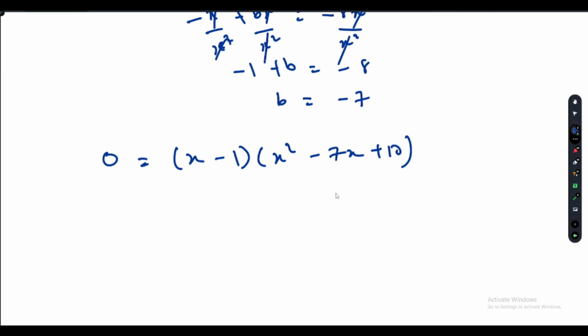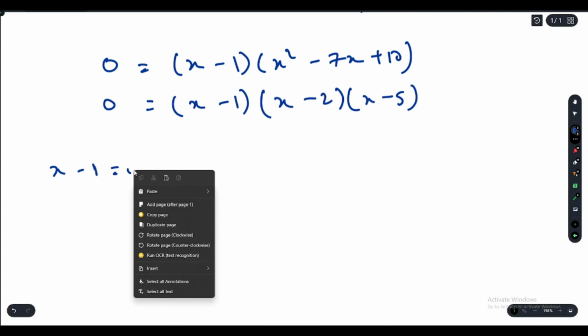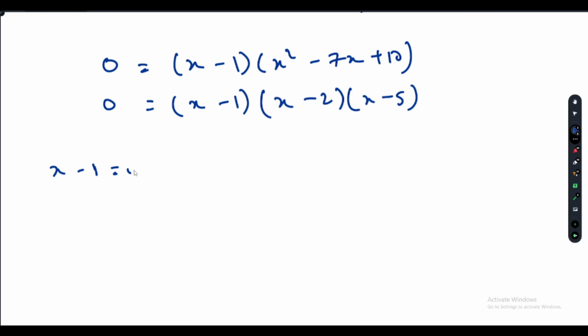The second bracket being a trinomial, we can factorize this into x minus 2, x minus 5, like we normally would factorize a trinomial. Now to find the x-intercepts, we set each of the brackets equal to 0 and solve for x.